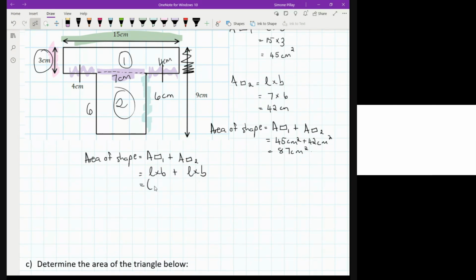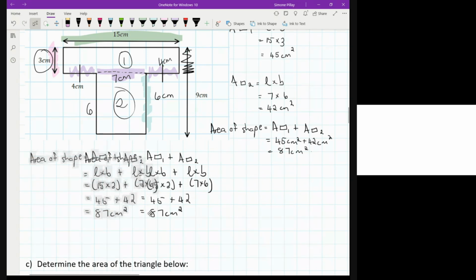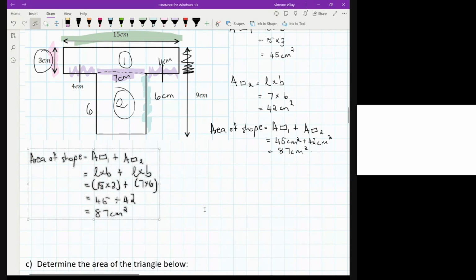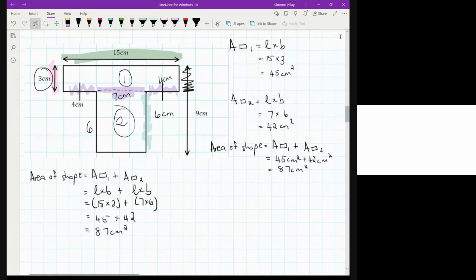You could have gone 15 times 3 plus 7 times 6 equals to 45 plus 42 equals to 87 centimeters squared. This is another layout that you could have used. Obviously, a shorter layout, but just a little bit more difficult to understand if you're getting confused easily.